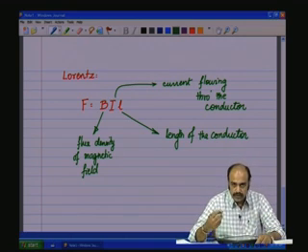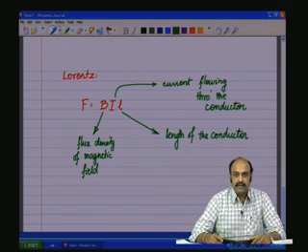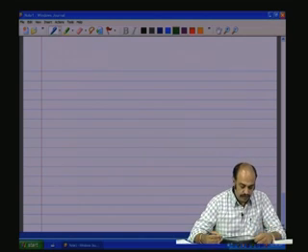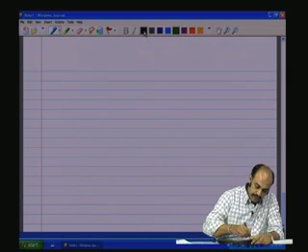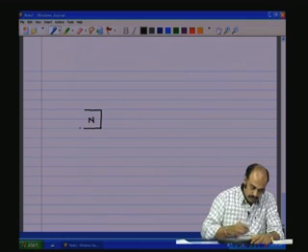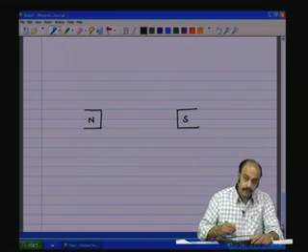So, the direction of the force, as I said, you use the right hand rule to find out the direction of the force. So, now let us apply this Lorentz force principle to the DC machine. So, we have the DC machine with a north pole and a south pole as shown here.